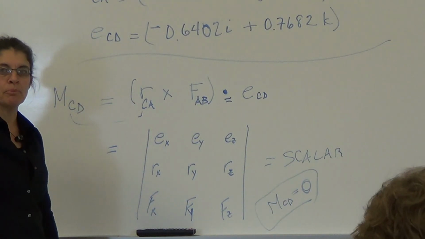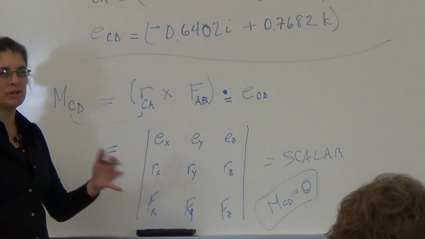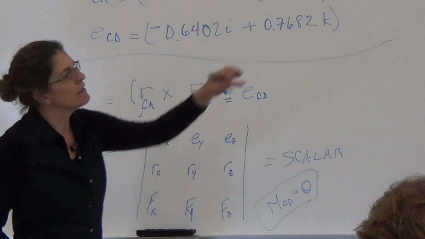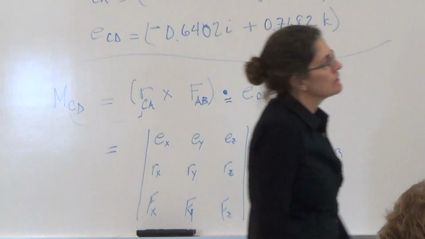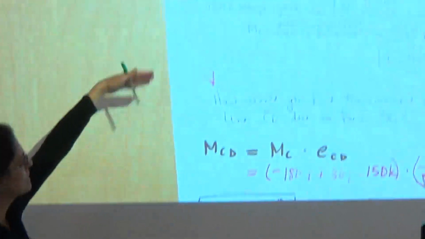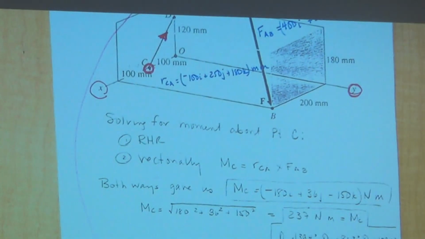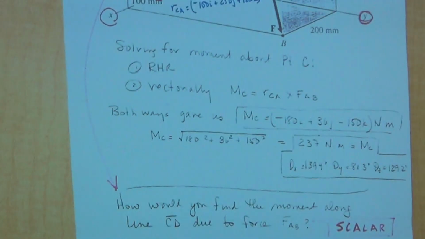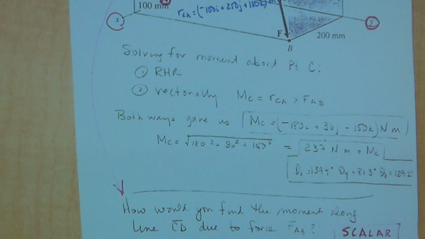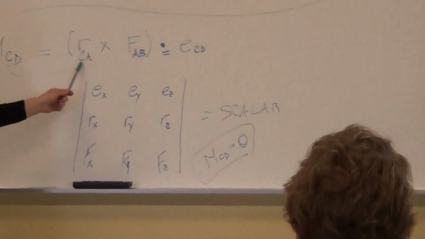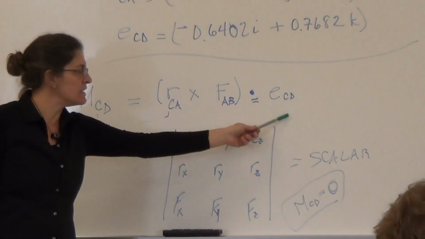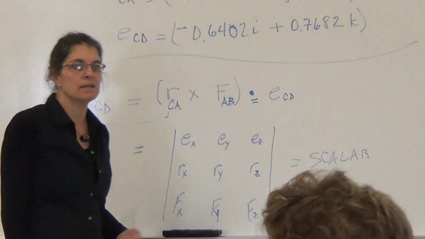If you need more practice doing 3D right-hand rule, you can do it in a two-step process where first you find the moment about the line. I would just go straight to doing it this way. Okay? So you find the R vector, the F vector, and the E vector, and you do a determinant, and you're done.